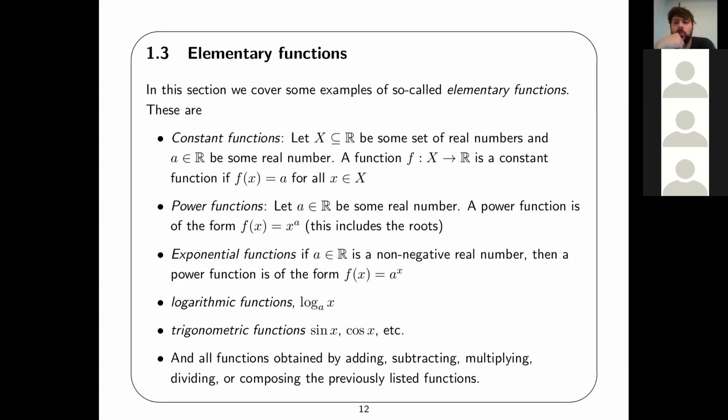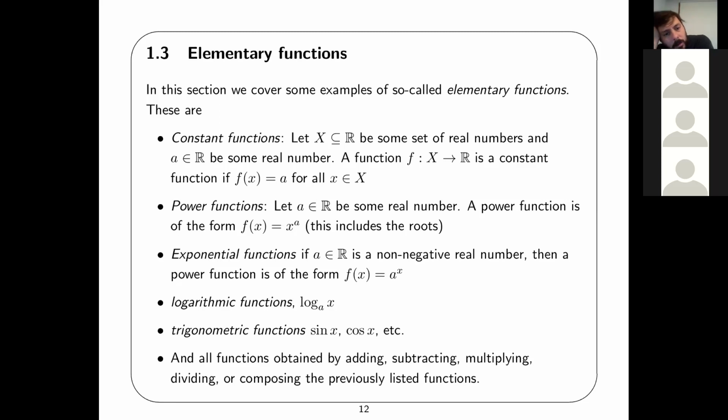Usually we require it because then these exponential functions are defined so that x can be any real number. If a is negative, then x is very much restricted because then we have roots and fractional exponents, which would result in complex numbers. So we cannot have that.